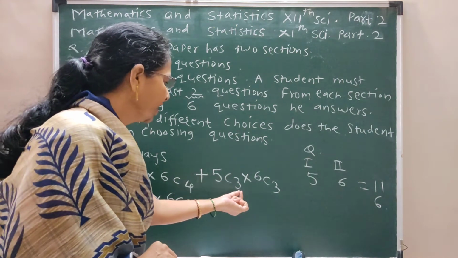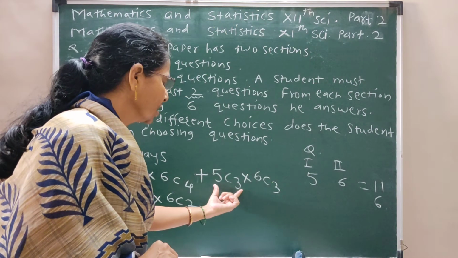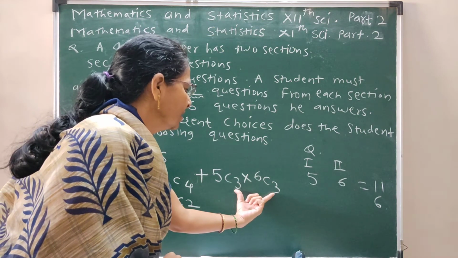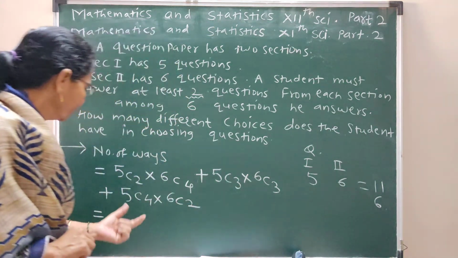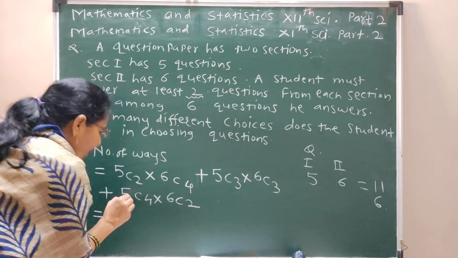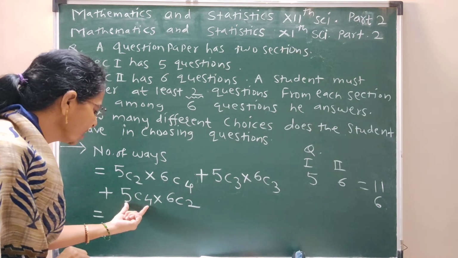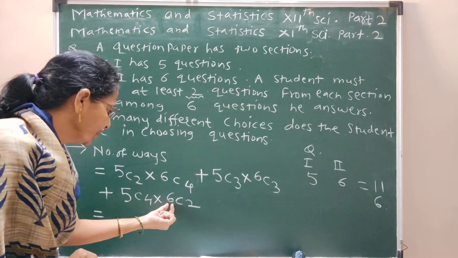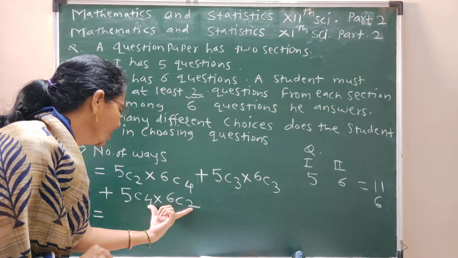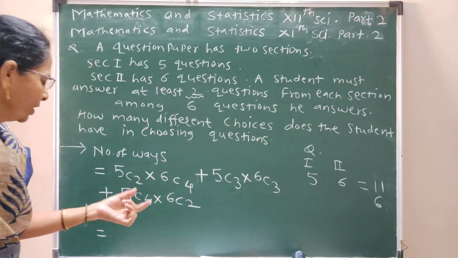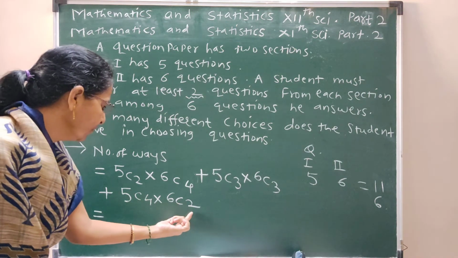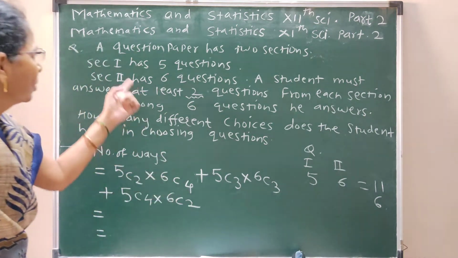If he takes 3 from the first, 3 from the second, total 6. Then he also takes 4 from the first section, and 2 from the second to complete 6. Next possibility, if he takes all 5, then here 1 question. This case is not valid.